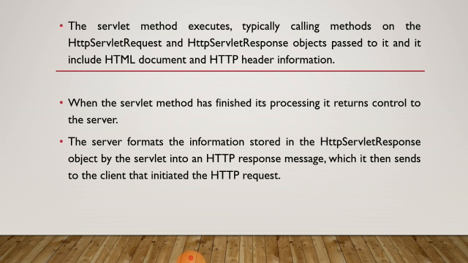Two parameters are passed to the method: an object implementing the HTTP servlet request interface and an object implementing the HTTP servlet response interface. Both of these interfaces are defined as a part of the Java Servlet API.